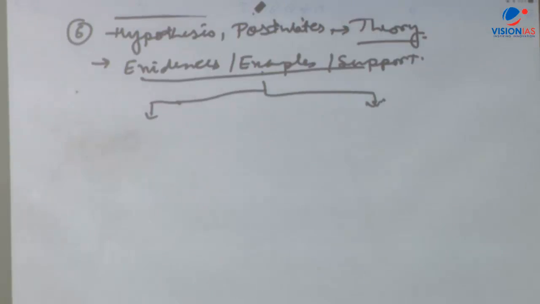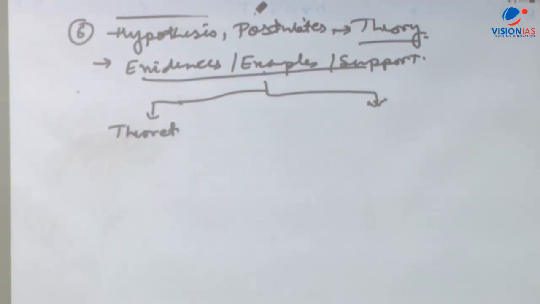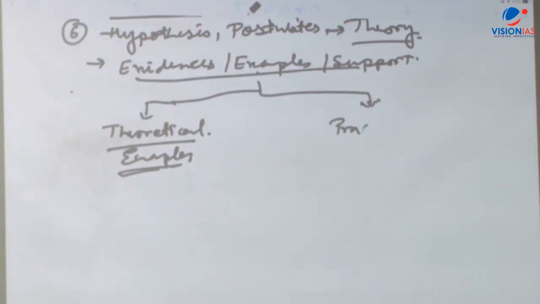After this evidence, next. Now, let me break this into two parts, right? Examples, evidences, and all this. For this, in many cases, you will find that there are theoretical examples and diagrams, and there are practical ones.